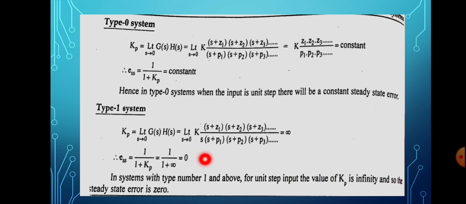So for the type 1 system, when the input is unit step, then the steady state error will be 0. So in the system with the type number 1 and above, for unit step input the value of positional error constant will be infinity, and so the steady state error is 0.